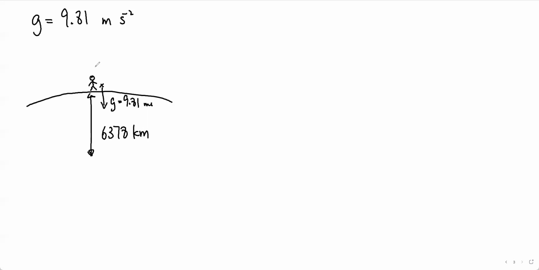So let's say I jump. Do you know how far I can jump? You don't know. It's 1 kilometer. So let's say I jump to that high. So can you find g again?